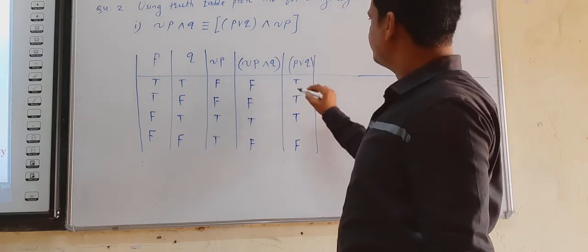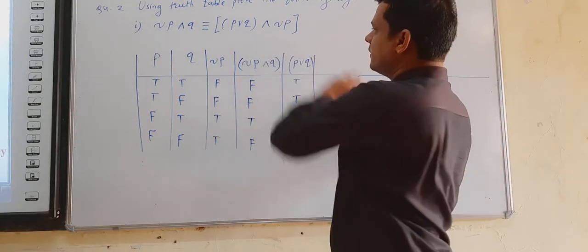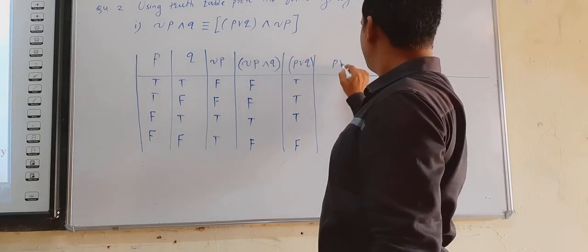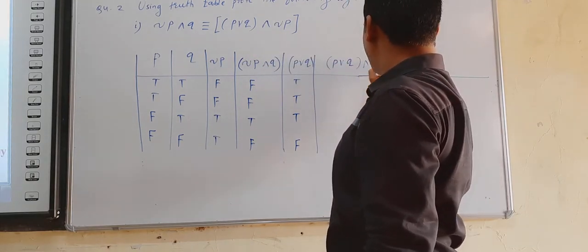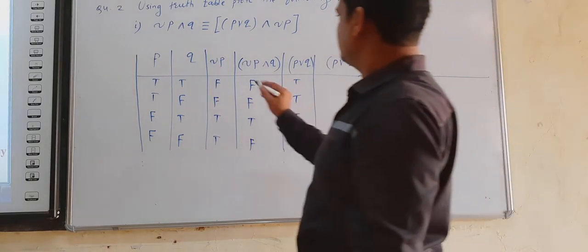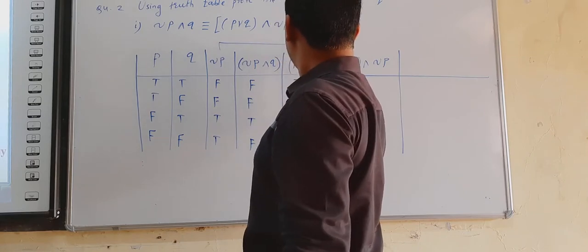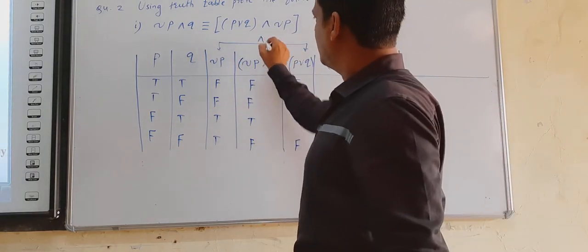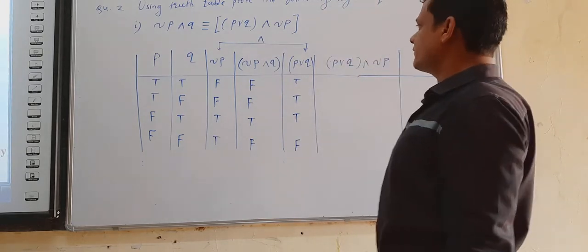Now we have to take the conjunction of negation P with P or Q. These are the two columns, negation P and P or Q, and we have to take the conjunction of these two columns.